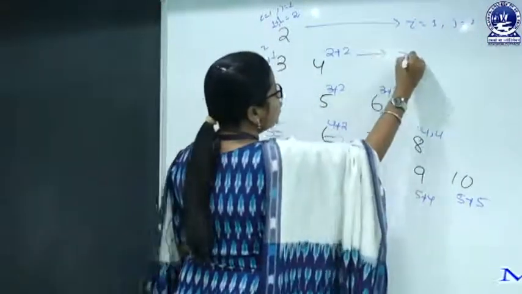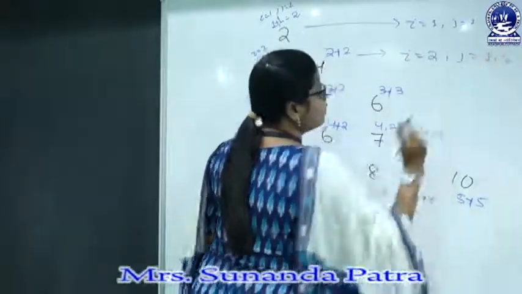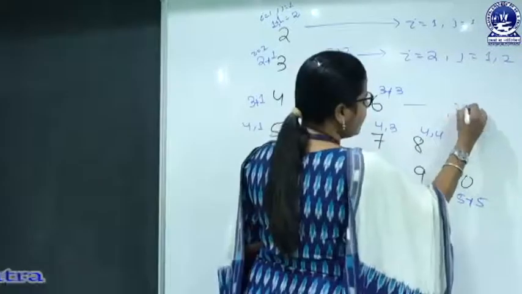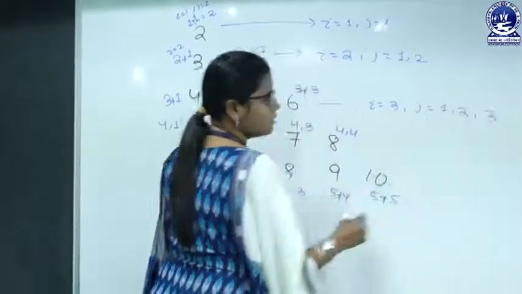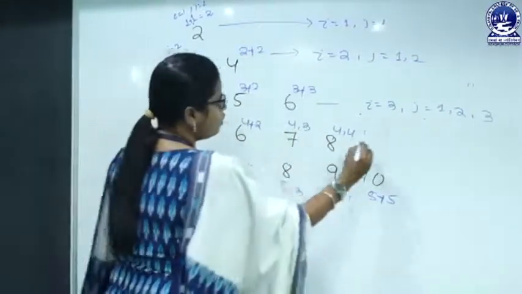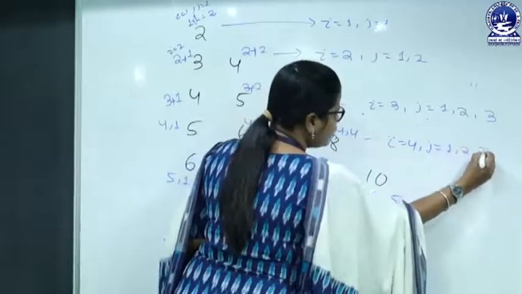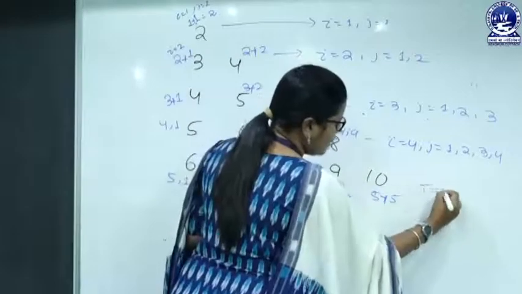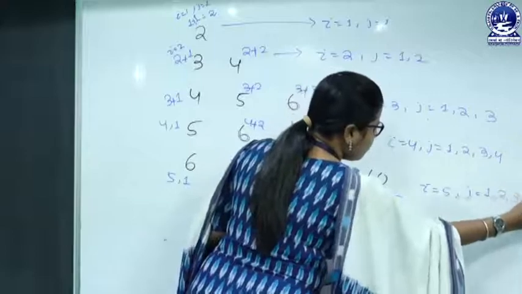For the second row, i equals to 2, j will be 1 and 2. For the third row, i will be 3, j will be 1, 2 and 3. For the fourth row, i will be 4, j will be 1, 2, 3 and 4. Then for the fifth row, i will be 5, j will be 1, 2, 3, 4, 5.